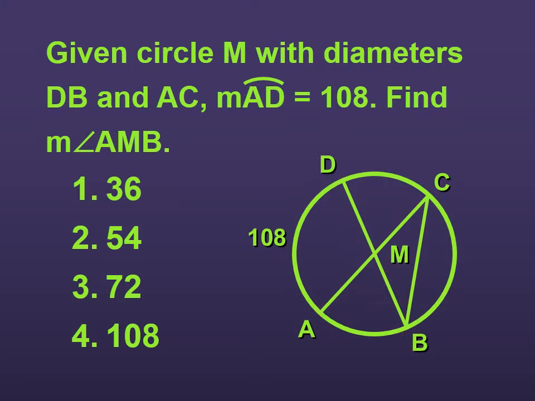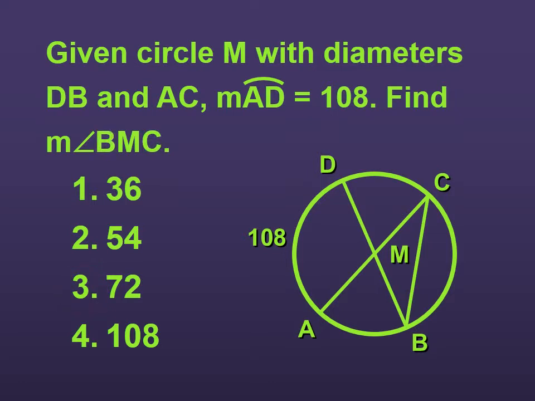So again, we know that DB is a diameter, and we know that AD is 108, and we know that AD and AB have to equal 180. And the measure of AMB is going to be the same as arc AB. So 180 minus 108 is going to be 72, which would have been option 3.